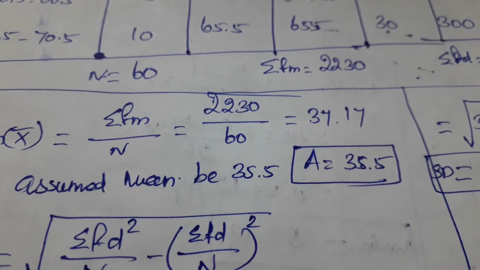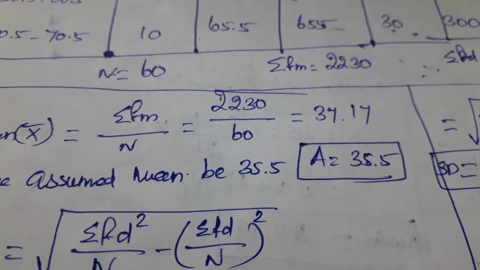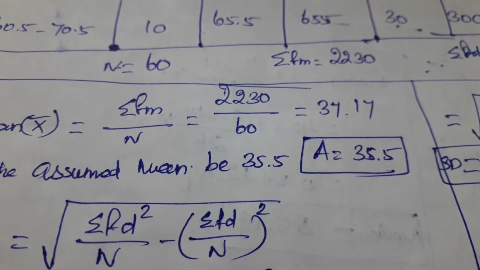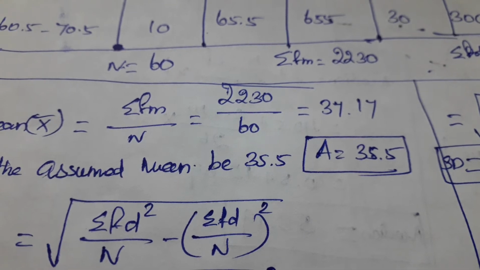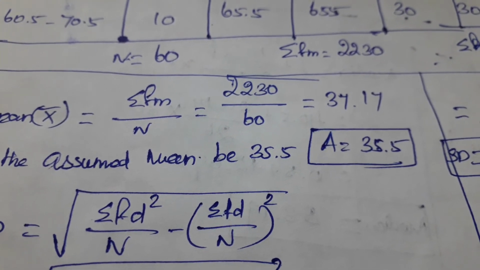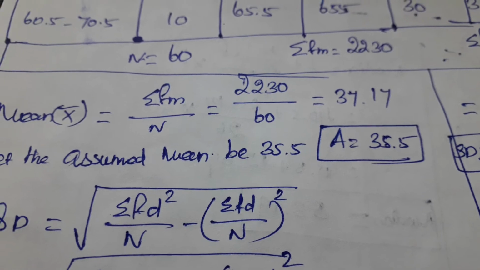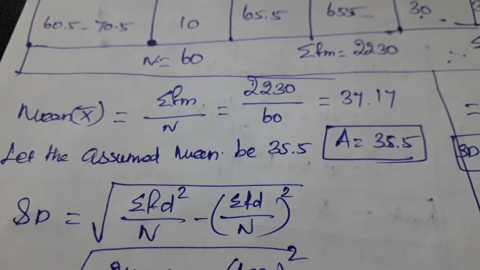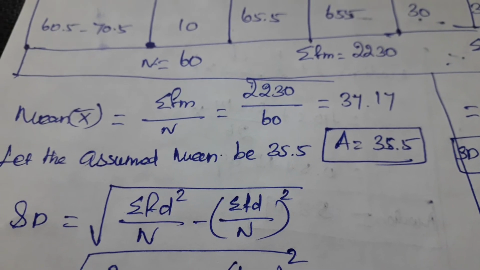If it is a whole value it is easy to calculate. If it is not, we need to assume the mean value, which means we need to round the mean value to a near value. Then only we can calculate the standard deviation easily.